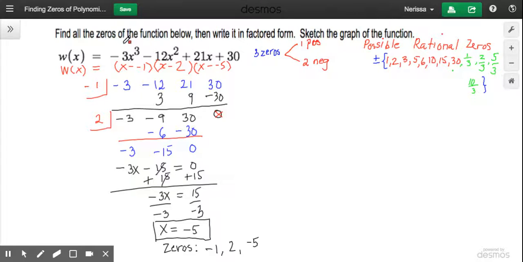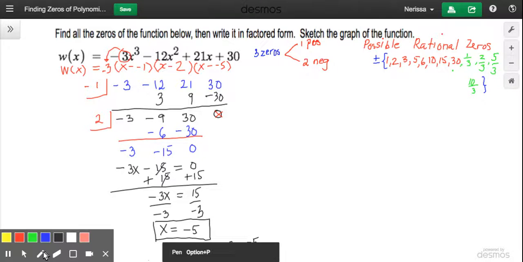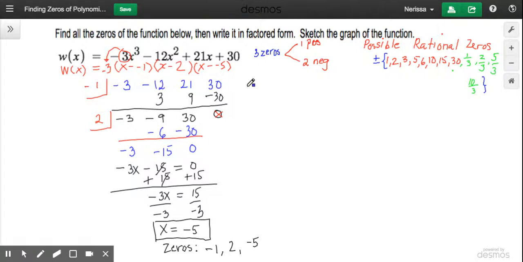And we are going to copy this leading coefficient. It's going to be placed here in the front. It's negative. So, simplifying this, we will get w of x is equal to negative 3 times x plus 1.